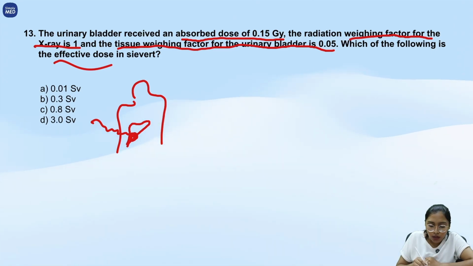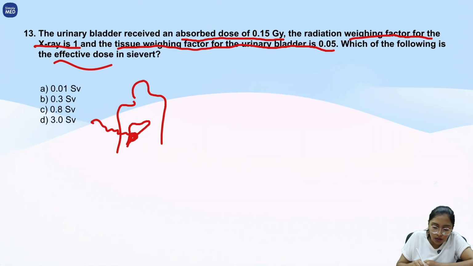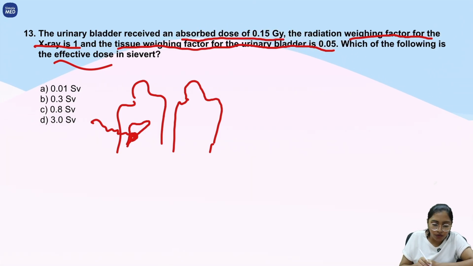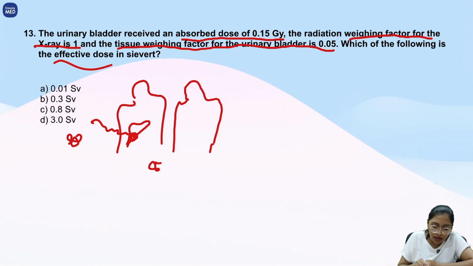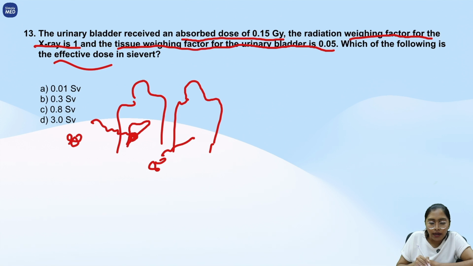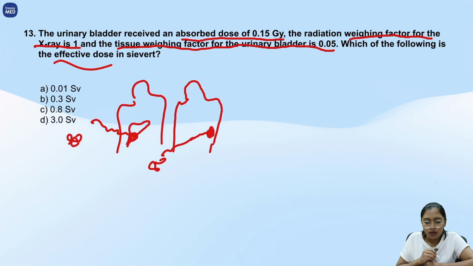Okay. So, in order to find that out, what should we know? Suppose there are two people. For both of them, I am using the same amount of energy. Let's say I am exposing them to some 80 kV X-ray beam. But for one person I expose the liver, for the other person I expose the spleen, which is a lymphatic organ.